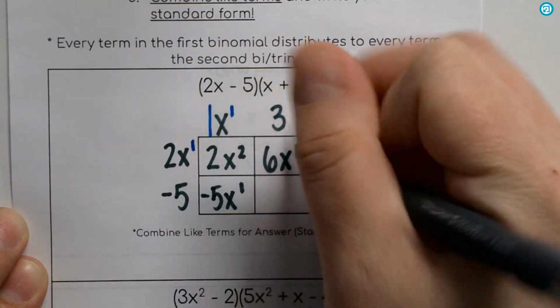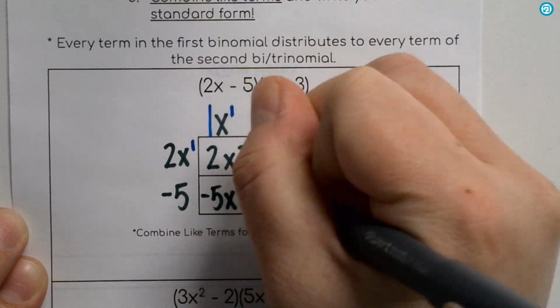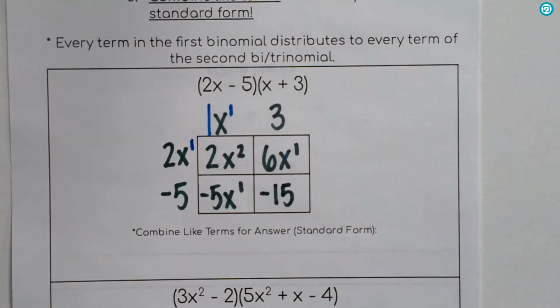And then negative 5 times 3 is negative 15. Okay, so to fill out my boxes, I always multiplied the coefficients and I added the exponents of everything that was on the same row and the same column. Any questions about filling out boxes?